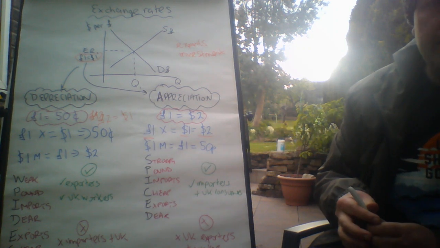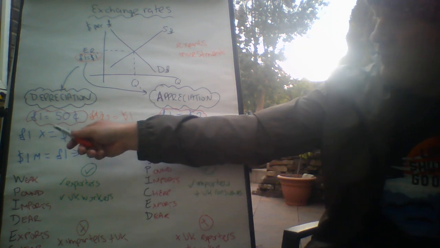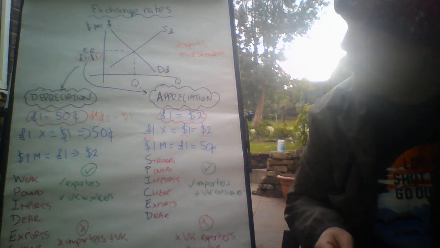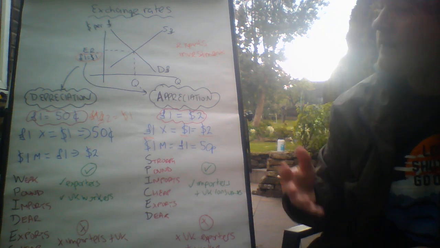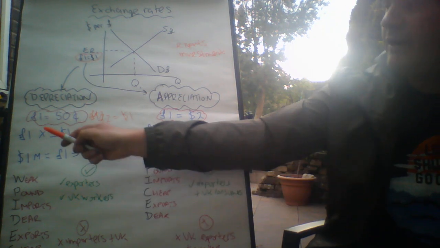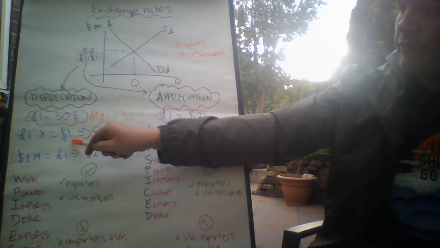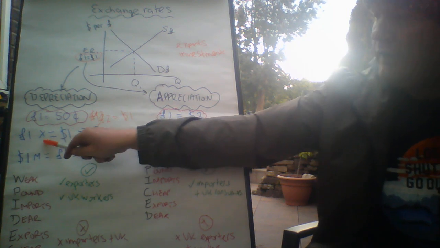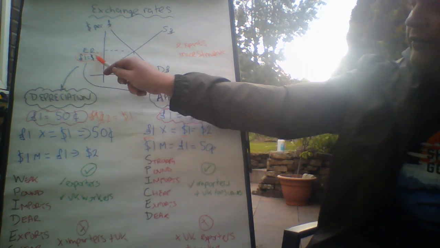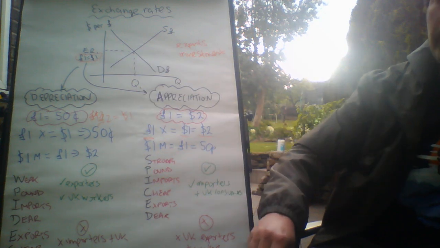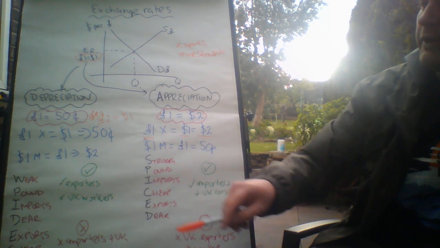Now think about what this means first of all then. If you're a British exporter and you're selling products to America, imagine you're selling these products to America for £1. That means the American consumer has got to pay originally, at the original exchange rate, $1 to buy that £1 product based on those exchange rates. Well, look at the benefits for the American consumer now.